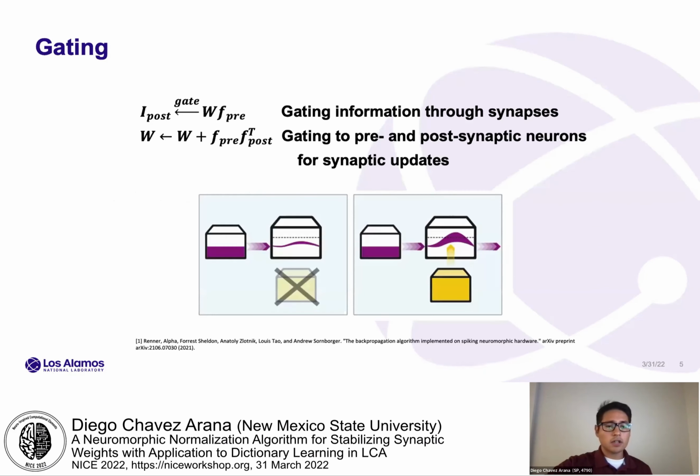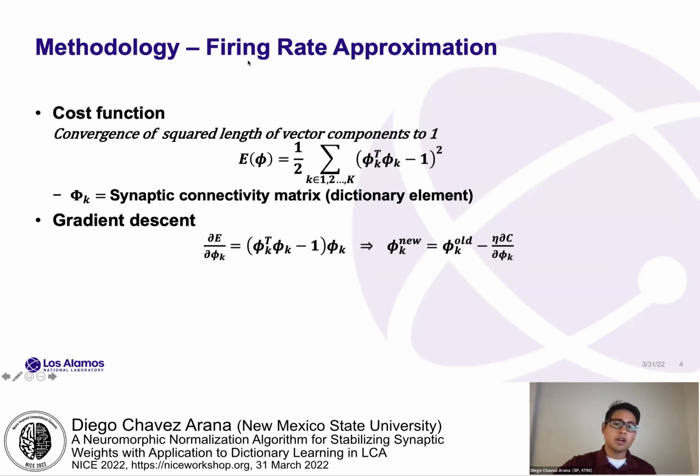Now, focusing on the cost function of that normalization component, it works by multiplying the dictionary elements by their transpose and subtracting a vector of 1.